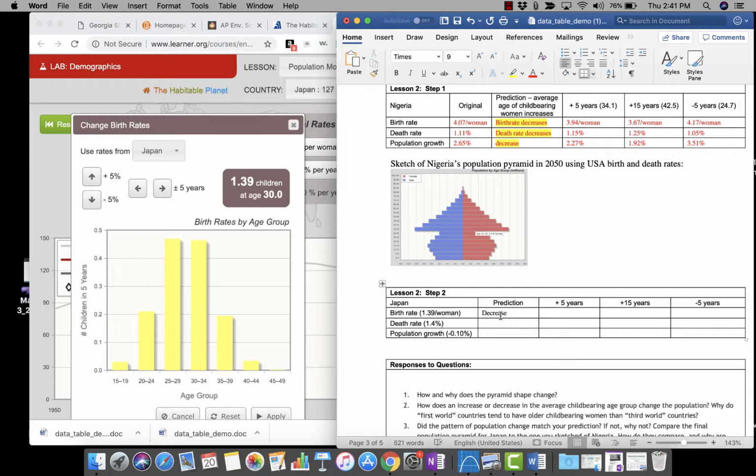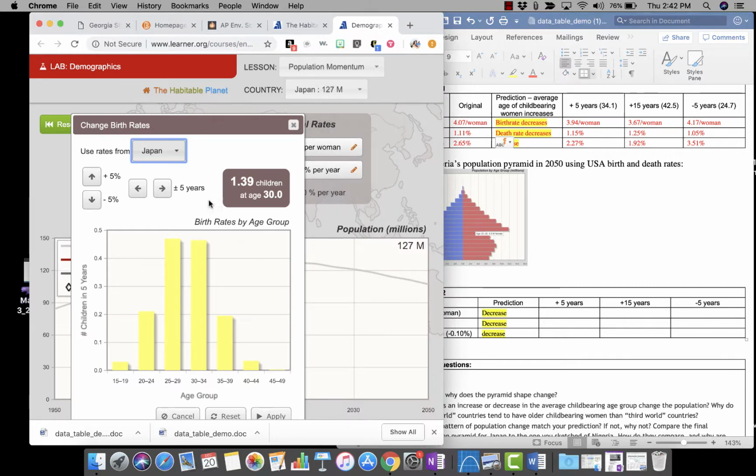I would say the death rate, it's not that high, it's not too bad. Let's do decrease. And the population growth, I bet that's going to go down too. So, again, I might not be totally right, but I'm just guessing, okay?